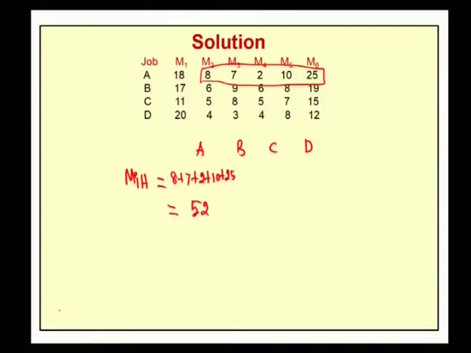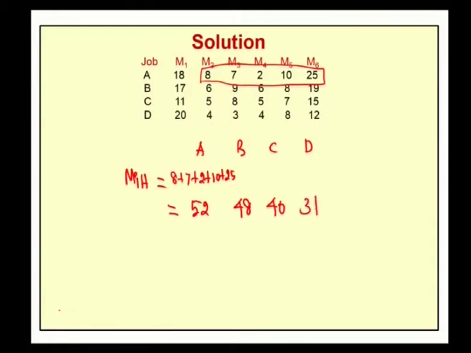And for job B, the processing time is 6 plus 9 plus 6 plus 8 plus 10, which is nothing but 48. And for job C it is 5 plus 8 plus 5 plus 7 plus 15, which is 40. And for job D, the new processing time of machine H is the sum of 4 plus 3 plus 4 plus 8 plus 12, which is 31.